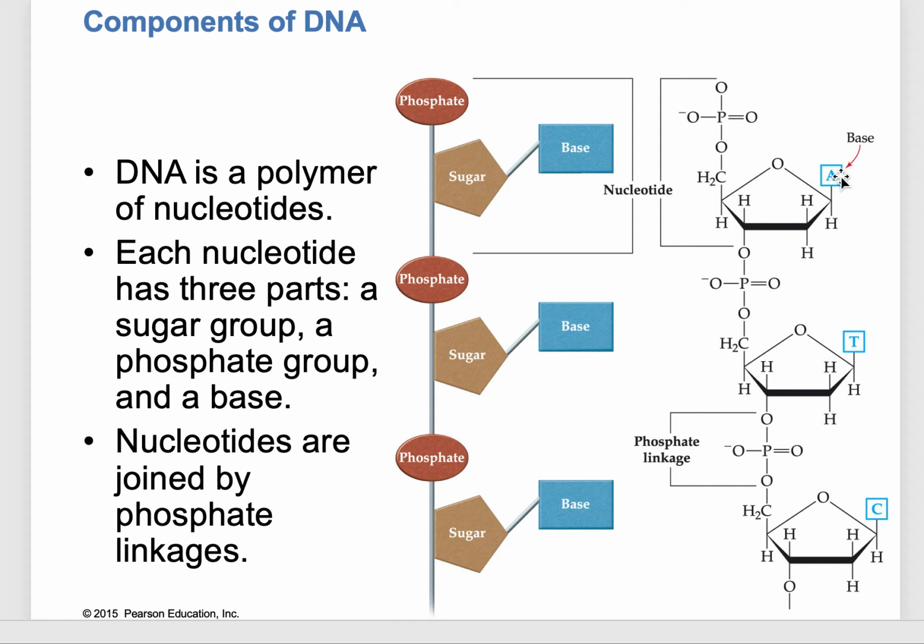You've got the base, and you've got the phosphate. And so all three components make up one nucleotide. Move on to the next nucleotide, and then the next nucleotide. Okay, and they're connected together by a phosphate linkage, known as a phosphodiester bond.